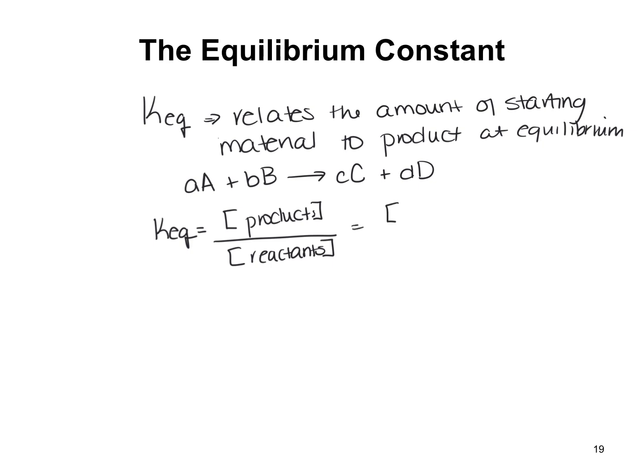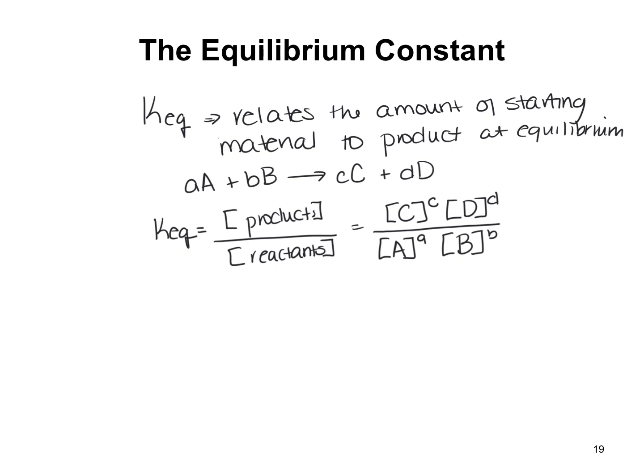That gives us the concentration of C raised to its coefficient times the concentration of D raised to its coefficient, over the concentration of A raised to a and the concentration of B raised to b. I want to remind you that these brackets just mean concentration of, so don't use parentheses, and that these are the coefficients it is raised to.